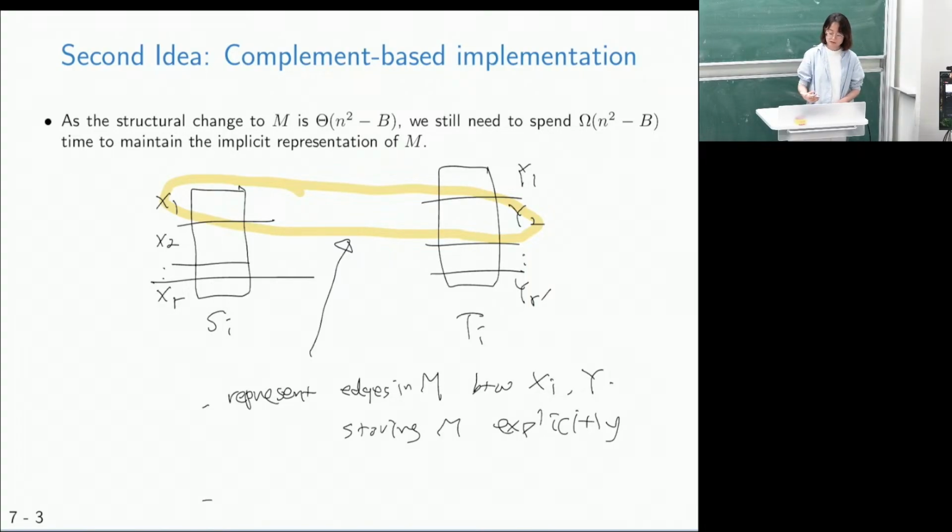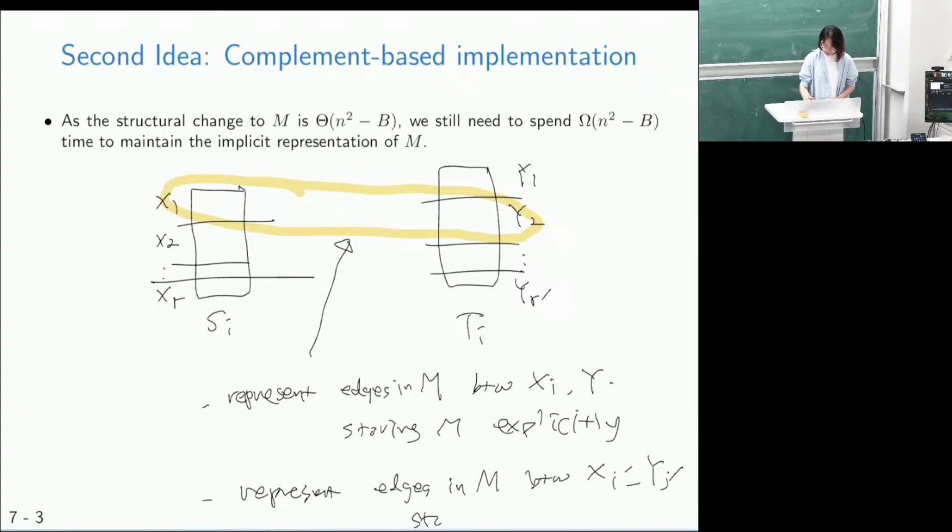And for some other pair, we represent edges in M between, what I can say, Xi prime and Yj prime. We store its complement explicitly.